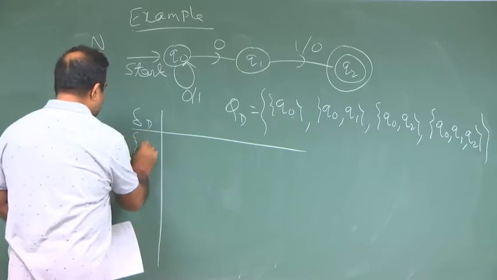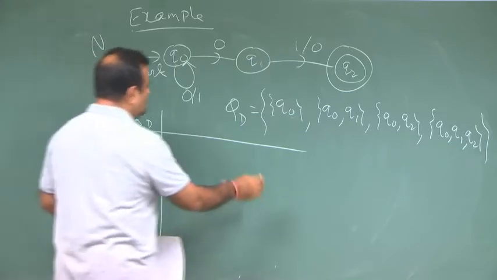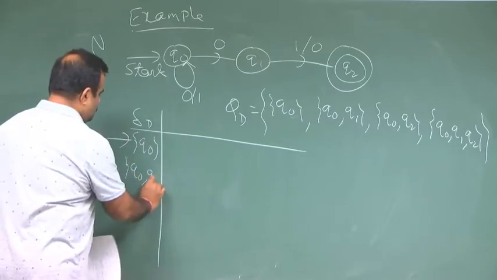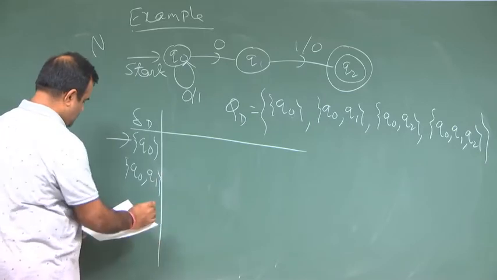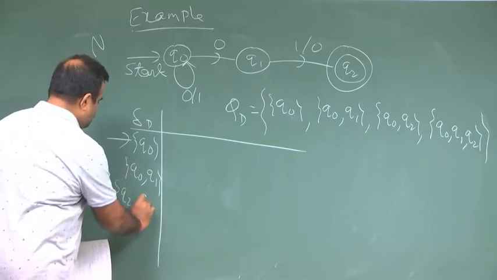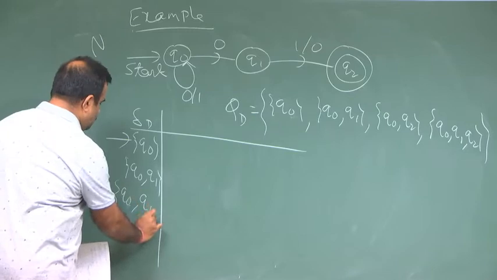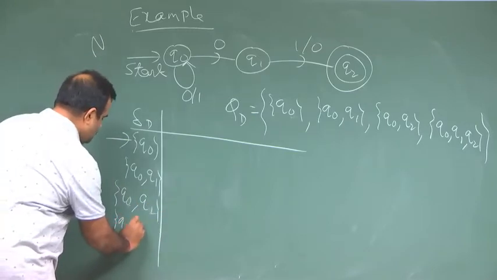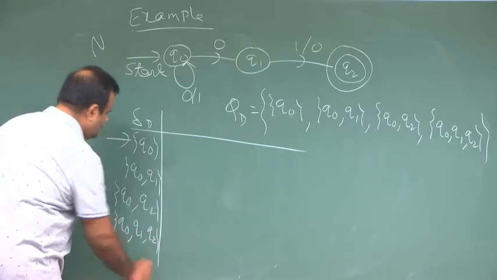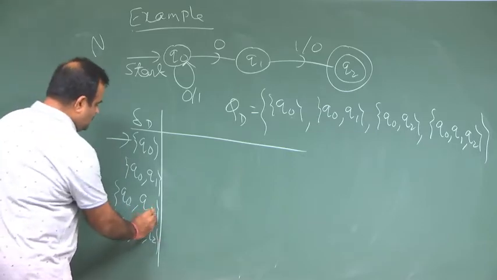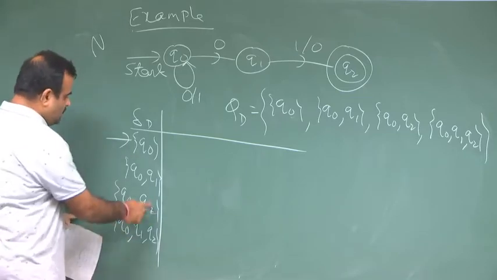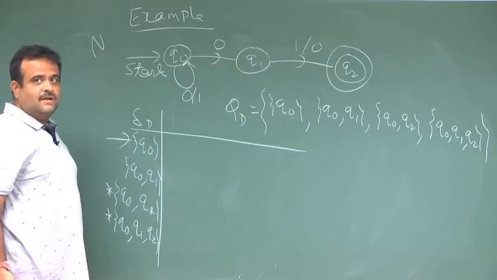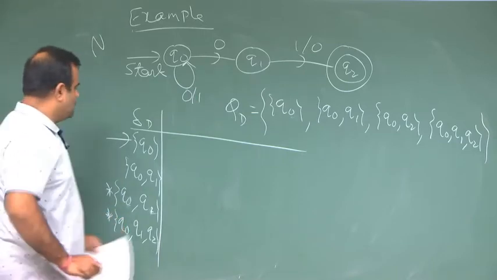So, this is q0, which is the starting state, and we have all the other states q0 q1, q0 q2, and q0 q1 q2. Among these, which are the final states? These two contain q2, which is the final state. So, these are the 2 final states for the corresponding DFA.